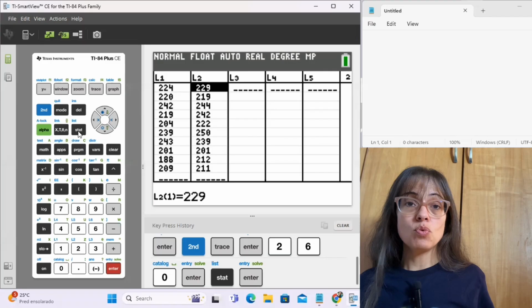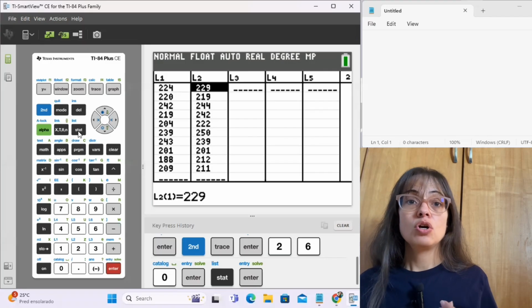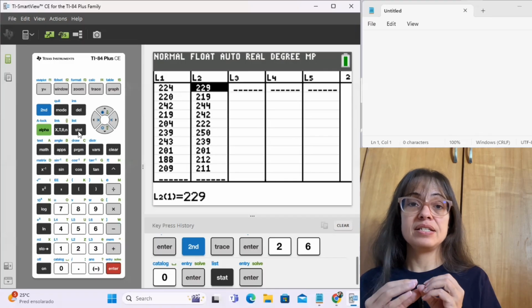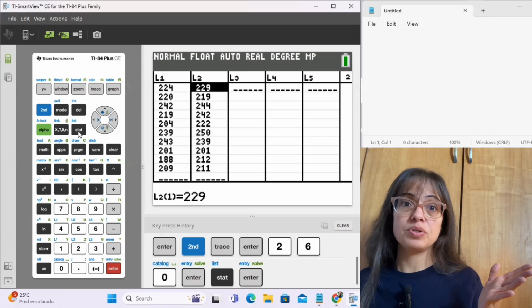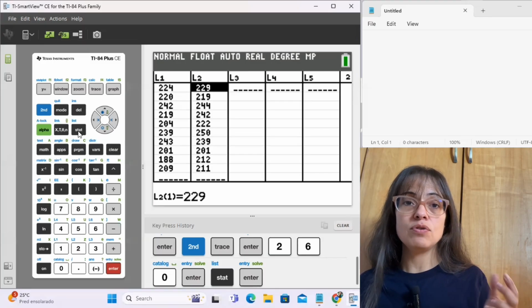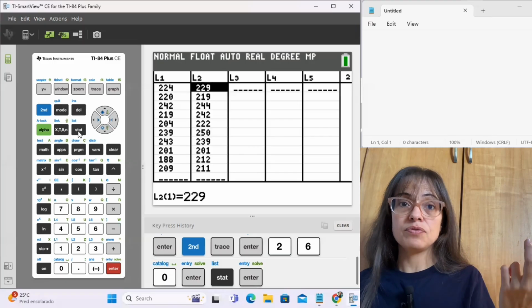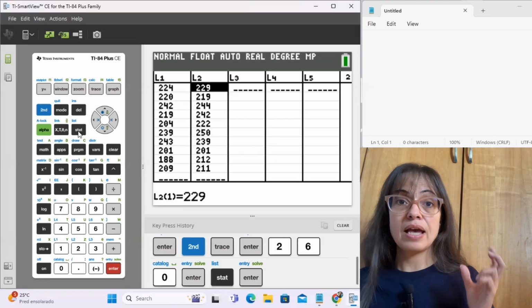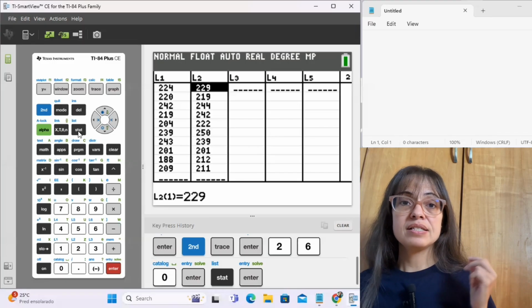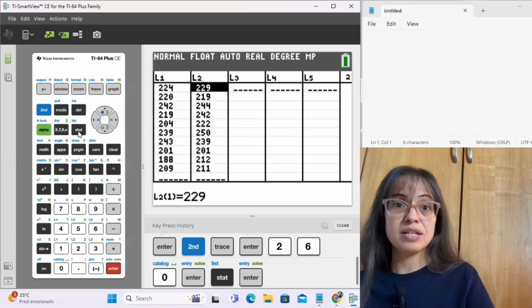The words that they want you to use for that are interpolation and extrapolation. When the value is inside of the range, which was my 230 example, that is called interpolation. When you use the regression line to predict the value for a number that is within the range of the data set, that is interpolation. Now, when you want to use the line to predict a value outside of this range, the name for that is extrapolation.